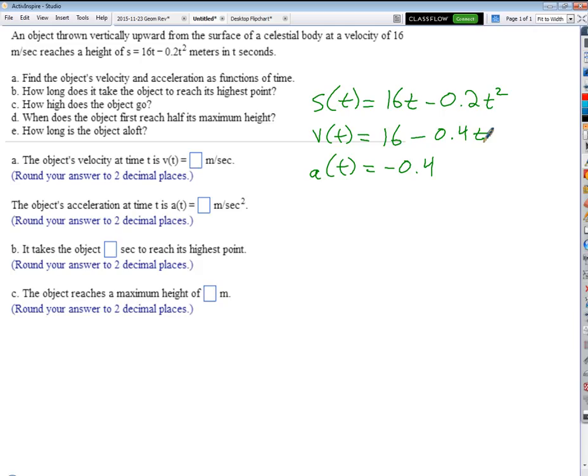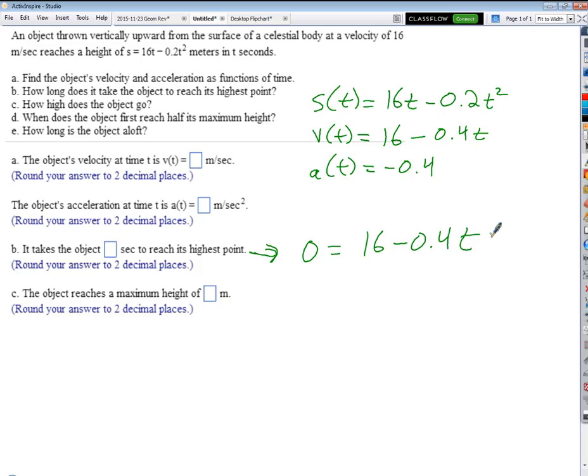So all we have to do for this one is set velocity equal to 0, right? So 0 equals 16 minus 0.4t, and solve for t. That's our velocity function. We're setting velocity equal to 0.